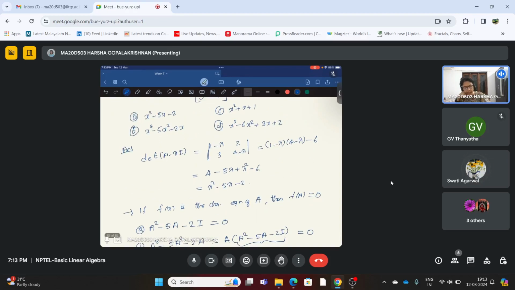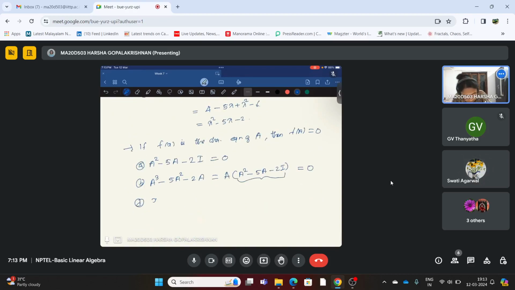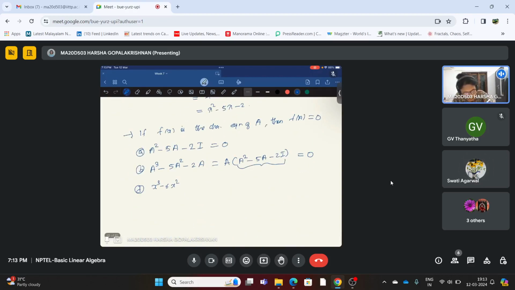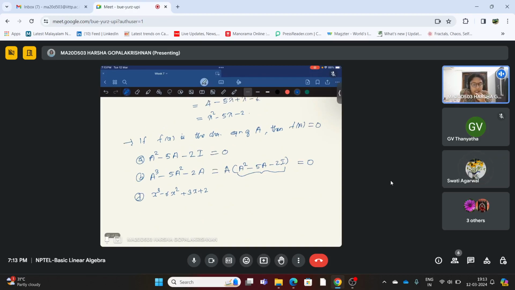What D says is x cube minus 6x square plus 3x plus 2. So we know that the characteristic equation is x square minus 5x minus 2.